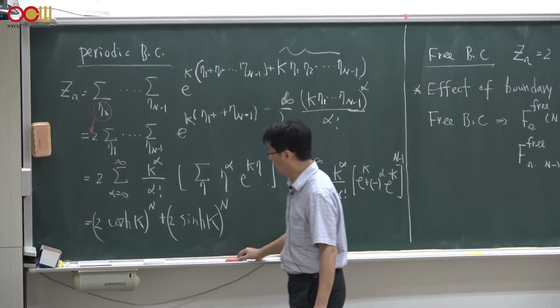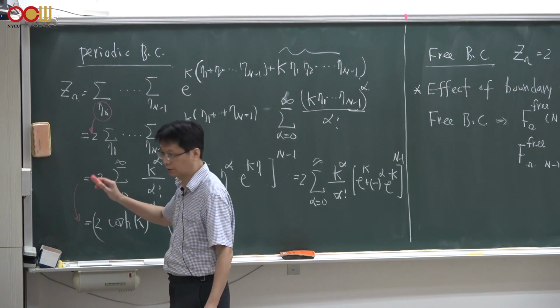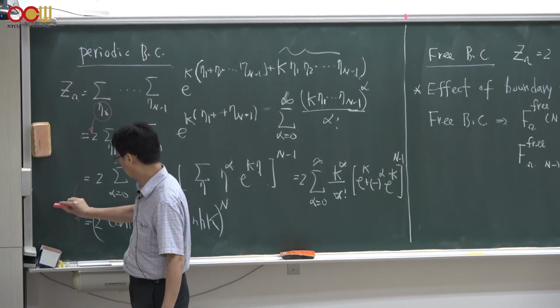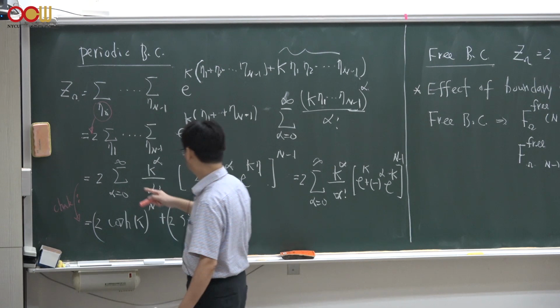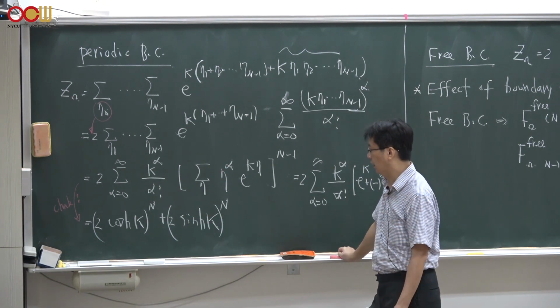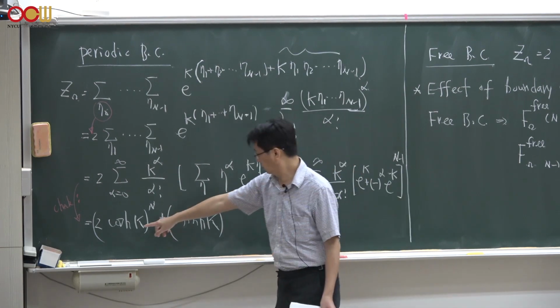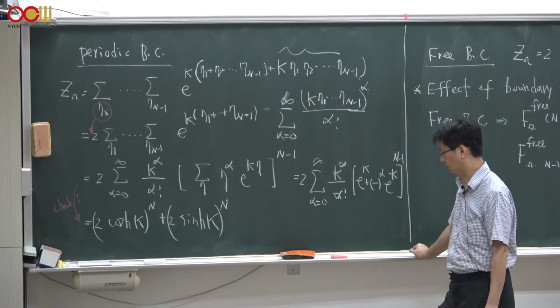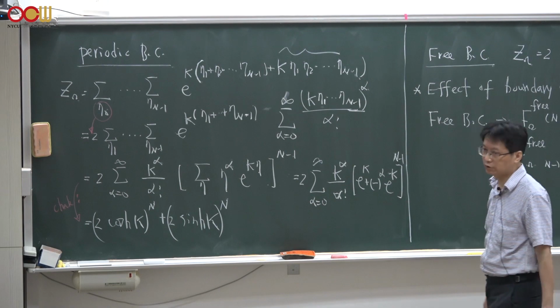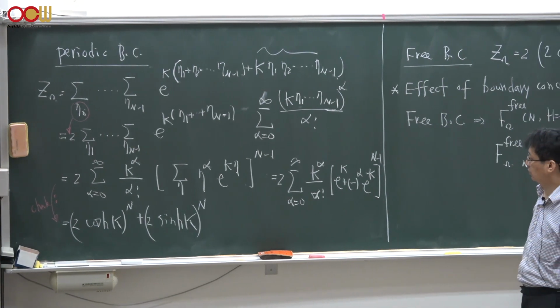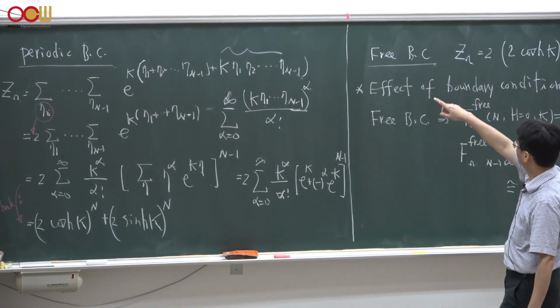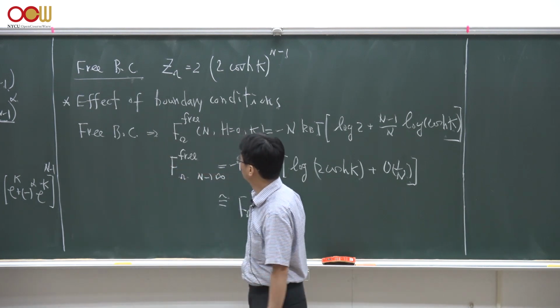I leave this to you, not as a homework problem, but just to verify by yourself that the summation over alpha and eta of that kind of power series will indeed lead to that result. You can compare this partition function for periodic boundary conditions, the Ising chain or ring, to the partition function of a free boundary condition.